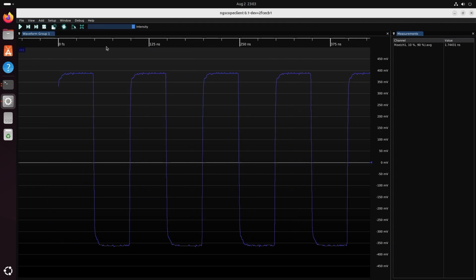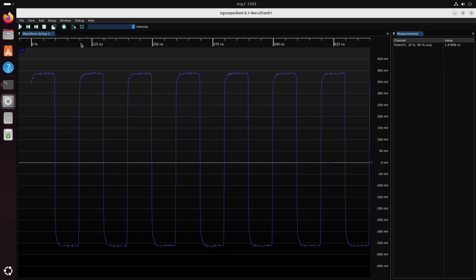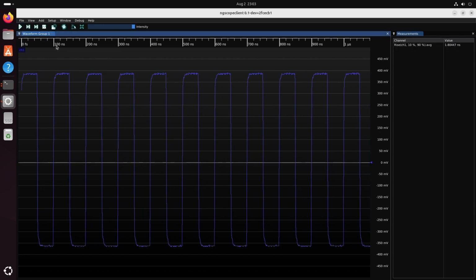So for 350 megahertz, which is all we can, well, 500 megahertz, because I don't have the anti-aliasing filter on. So for 500 megahertz, which is all we can measure with the ADC, this is perfect.